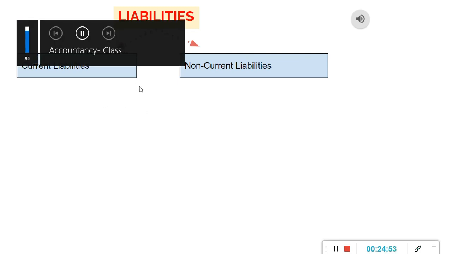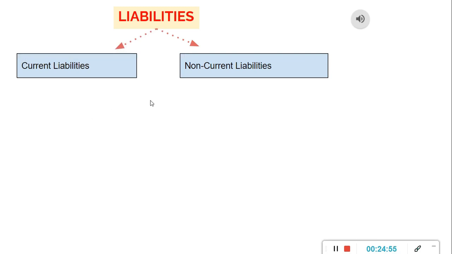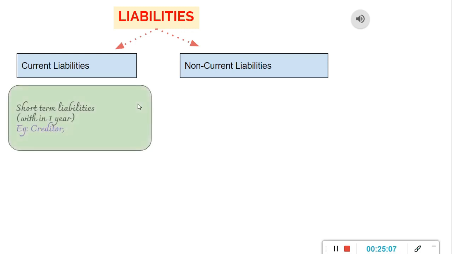So here we already discussed the creditor. Who is the creditor? Creditor is the person to whom we have to pay the amount after some time, right? When we purchase goods on credit, meaning we do not make the payment at the time of purchasing, that person is called a creditor.